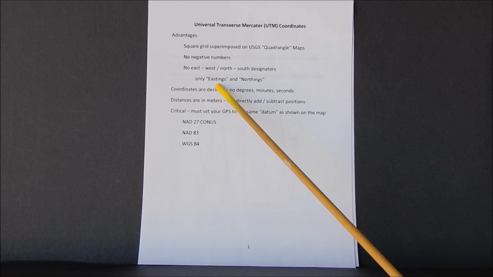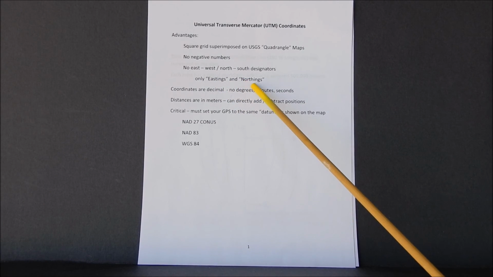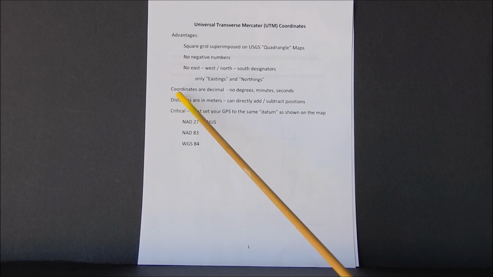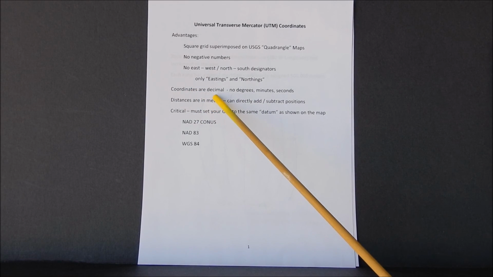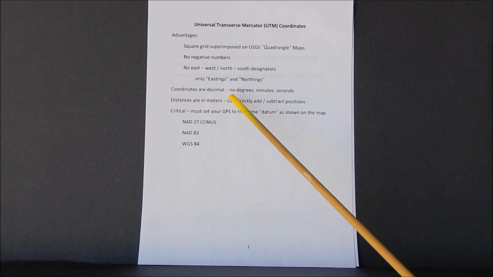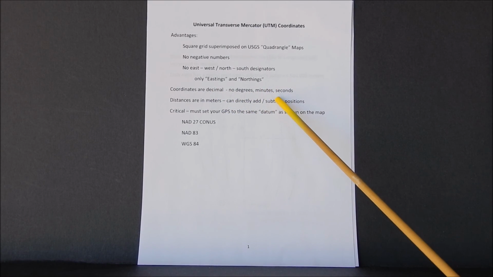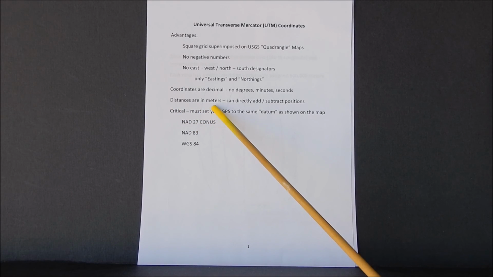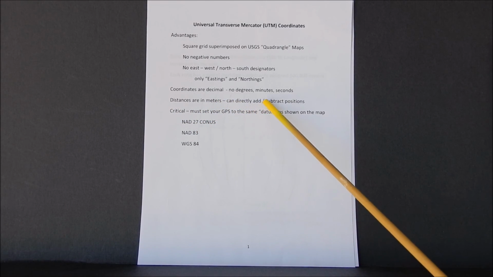You only have eastings and northings. The coordinates in UTM are always decimal. There are no degrees, minutes, or seconds to worry about, and the distances are in meters. So you can directly add and subtract your positions to get distances.